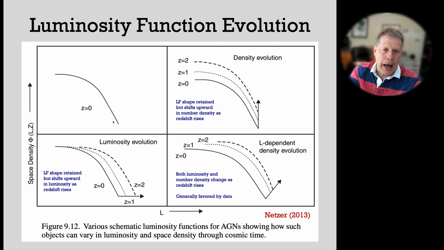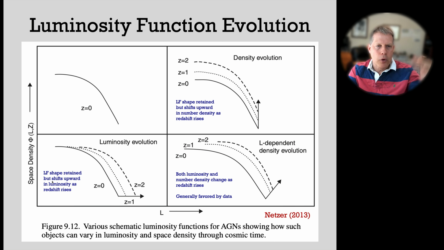Well, one possible way the population could be evolving is so-called luminosity evolution. Under this type of evolution, the basic shape of the luminosity function at a redshift of 0 is retained, but it shifts upward over cosmic time. It shifts upward in luminosity. Excuse me, I misspoke.